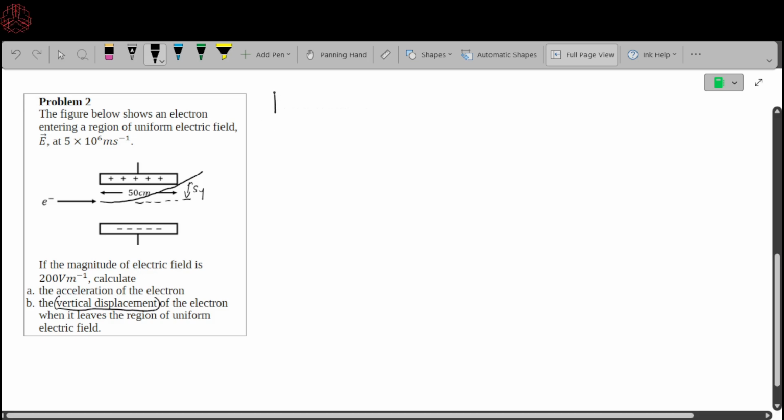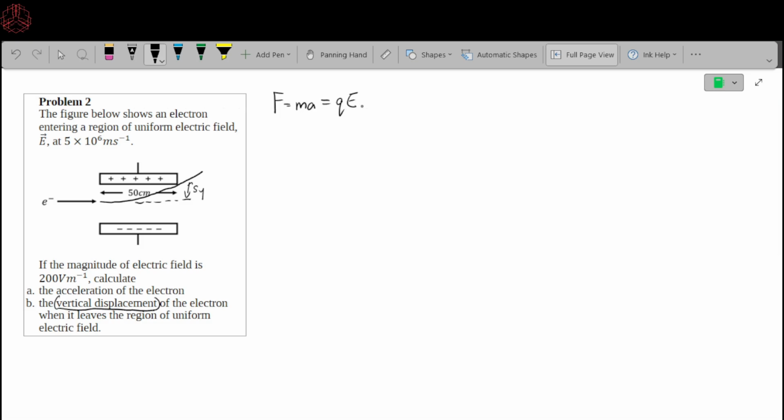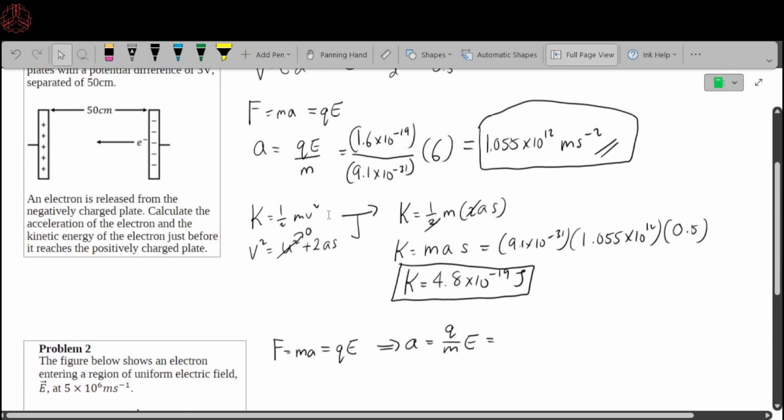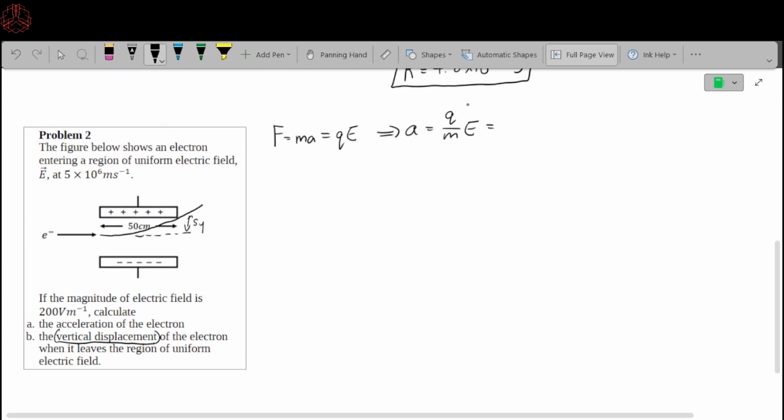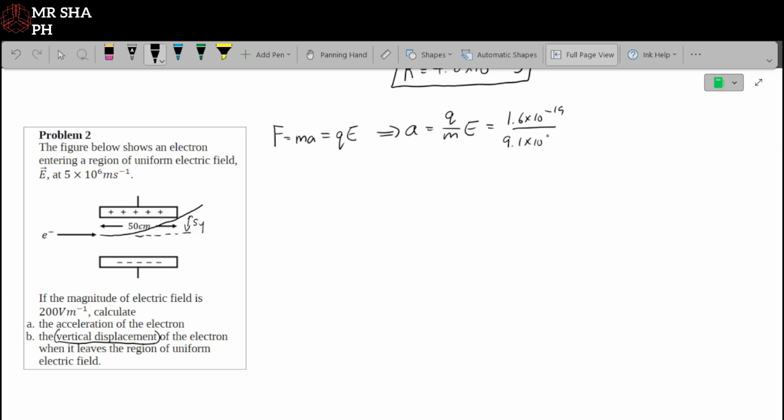I have F equals to ma, which equals QE. So quite easily I can say that the acceleration is simply going to be Q over m times E. Again, as we've seen in the previous question, Q is just 1.6 times 10 power of negative 19, a constant, over 9.1 times 10 power of negative 31, and then my electric field is just 200.